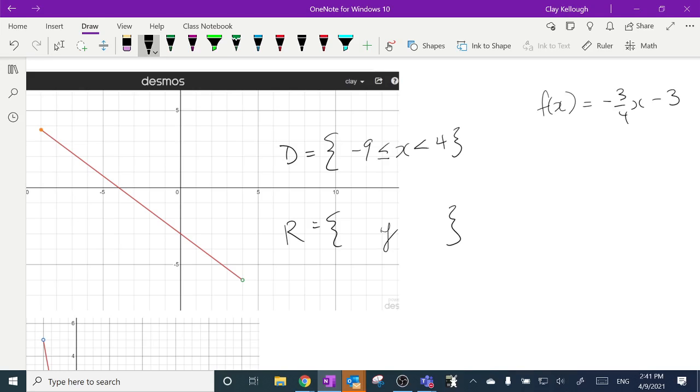And clearly the smallest number y can be is right here, but it can't actually be that number because it's an open dot. So greater than -6. It can get to this number, so it's less than or equal to, but the problem is I don't know exactly what that number is. But I could find you that number if I could answer this question right here.